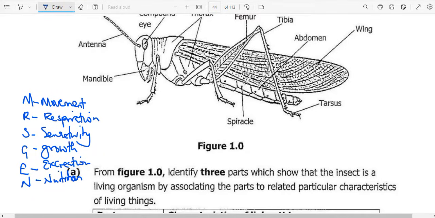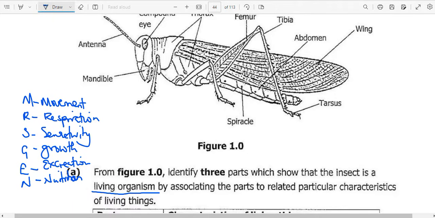So this is Mrs. Green. This acronym, Mrs. Green, will help you to know the characteristics of living organisms. Now when you look at the question, they've said from figure 1.0, identify three parts which show that the insect is a living organism, associated with these characteristics that we've mentioned here.